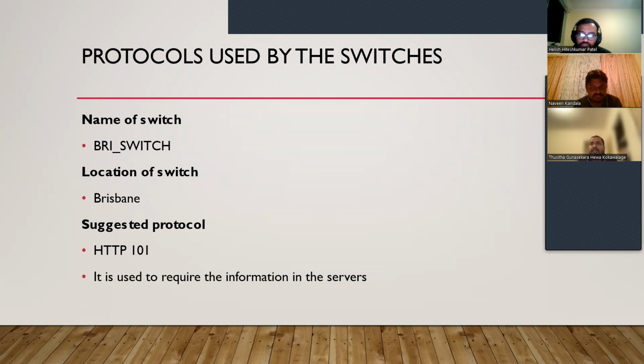Protocol used by the switches. The switch name is BRI switches, location Brisbane, suggested protocol HTTP 101. The process requires the information in the service, and also uses the security service in maintaining the switches' processes in the local network design, and gets the function on the switches to access the firewall and get the information from the service.